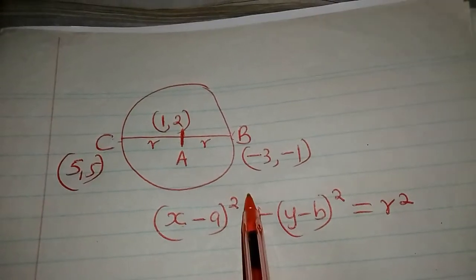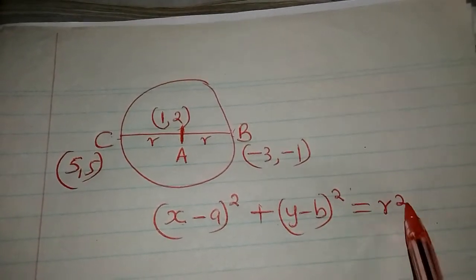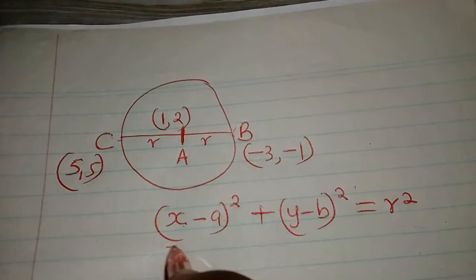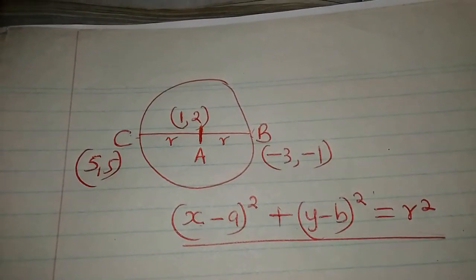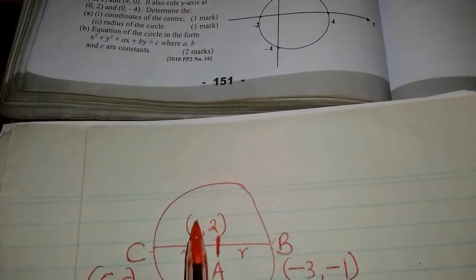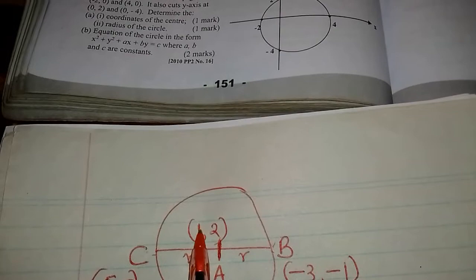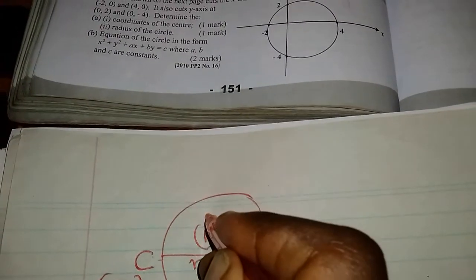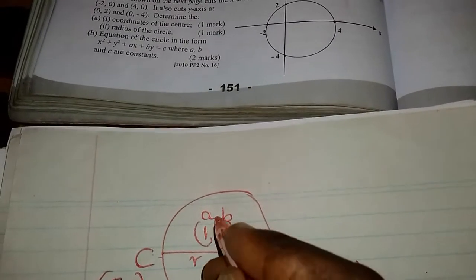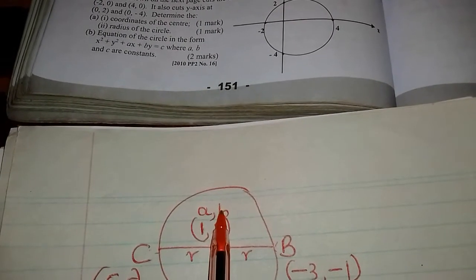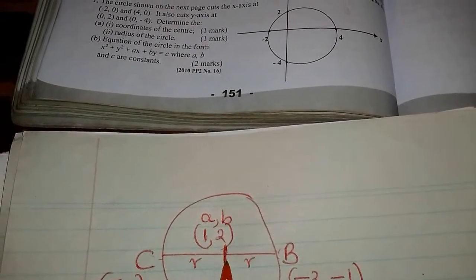This is the general equation for any circle. Now, you might have found us writing (1, 2) as (x, y), but to make your work easy, always take this as a and this as b. A and b are the coordinates of the center of the circle.